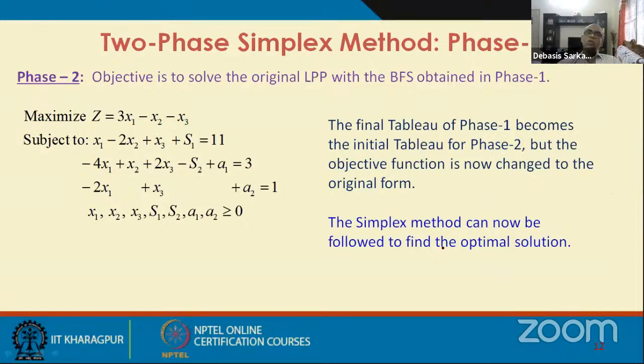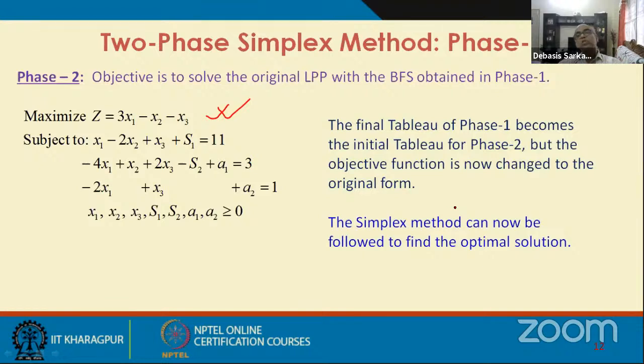So phase 2 will proceed only when we have obtained the basic feasible solution. That means the objective function value for phase 1 is 0. So if that is the case, phase 2 will start with the basic feasible solution that is obtained in phase 1 with changed objective function. Change means the original objective function.